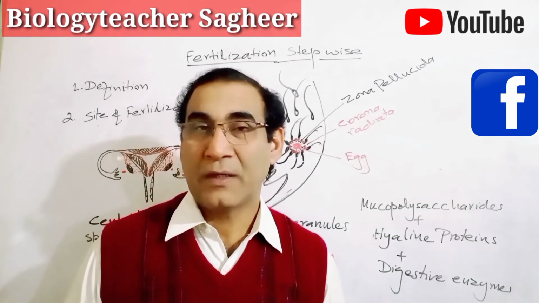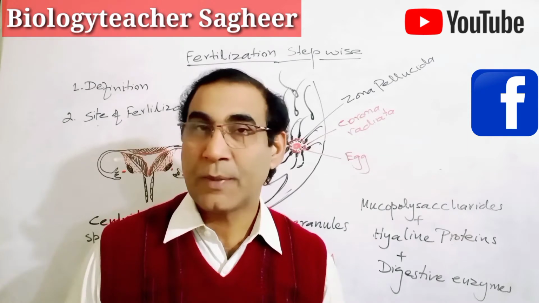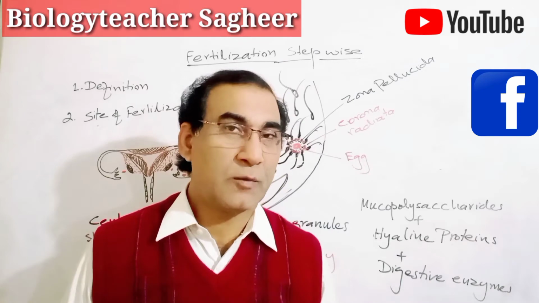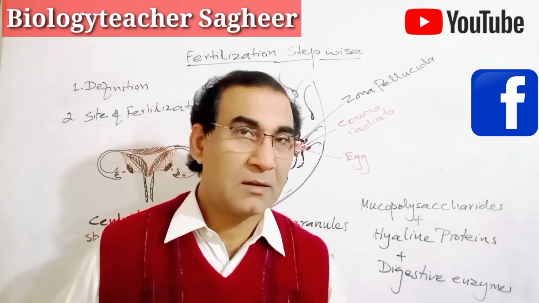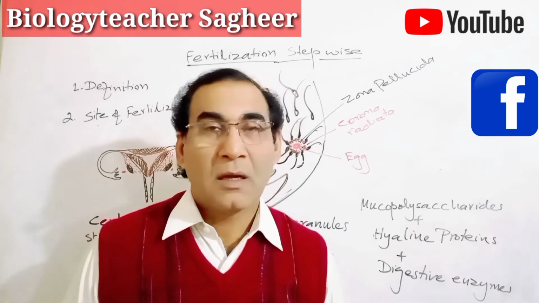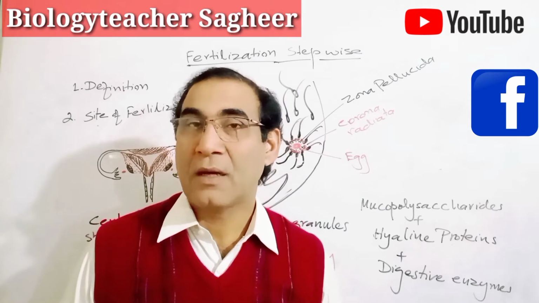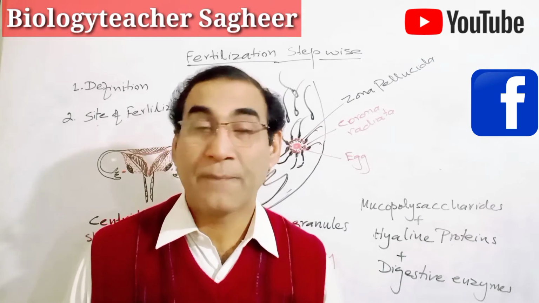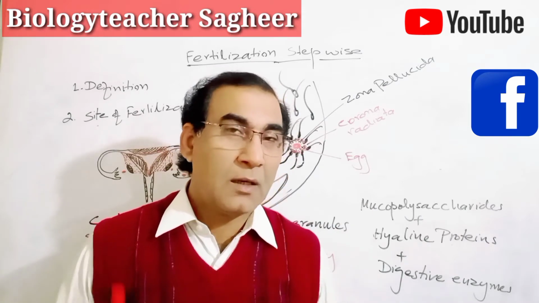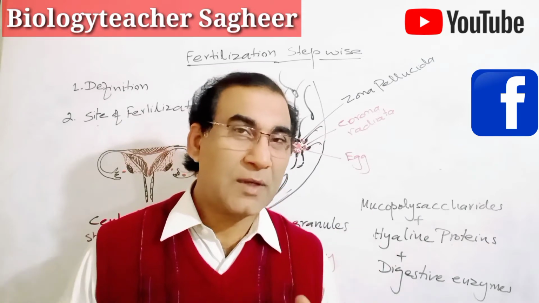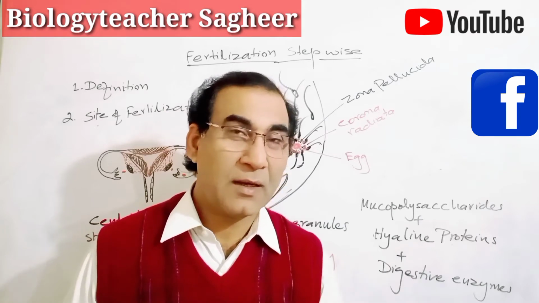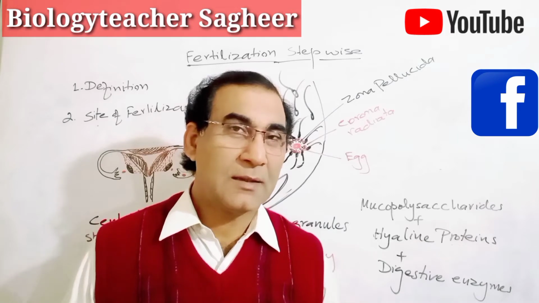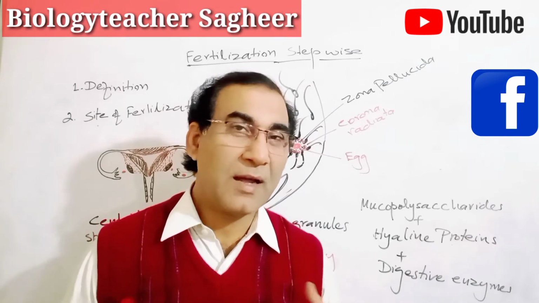Mitochondria are provided by the ovum, not the sperm. Even if the sperm has a large population of mitochondria in its tail, in the midpiece, those mitochondria are not contributed by the sperm to the zygote, to the next generation. So you inherited the mitochondria from your mother, not from father. On the other hand, you inherited the centriole from your father.